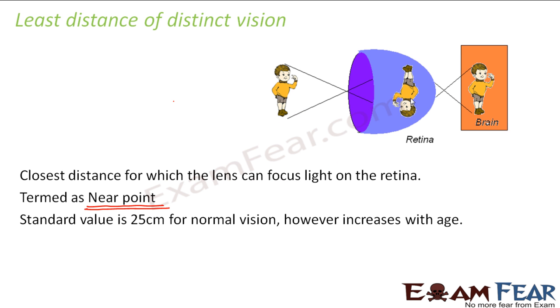Now another point which I would like to add is an example, as I mentioned before, that you would have seen that people during their old age often complain that they are not able to see things very clearly. The view is not very clear. That is because the ciliary muscles lose their flexibility with age.